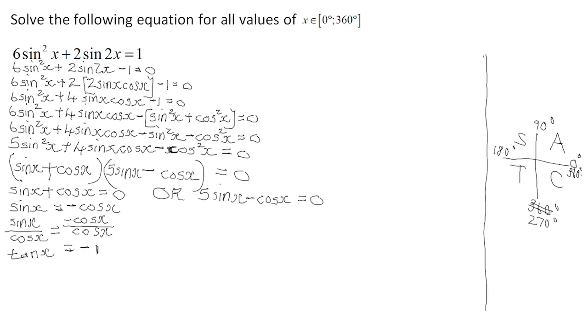But I first need to find my reference angle. So I'm going to say x is equal to arc tan of 1. And this is equal to 45 degrees when you go to your calculator. So obviously, let's find the first value then. X1 will then be equal to, in my second quadrant, 180 minus that 45.